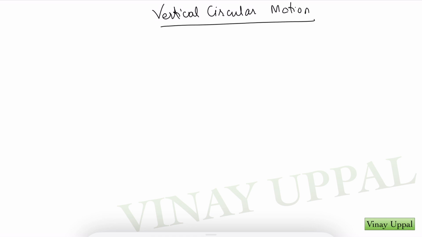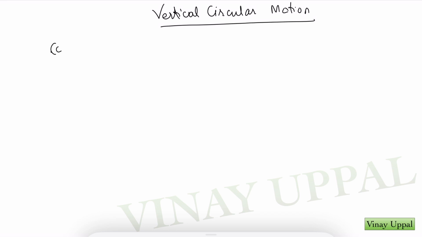Now let's come to vertical circular motion. Broadly, vertical circular motion is categorized into two categories.